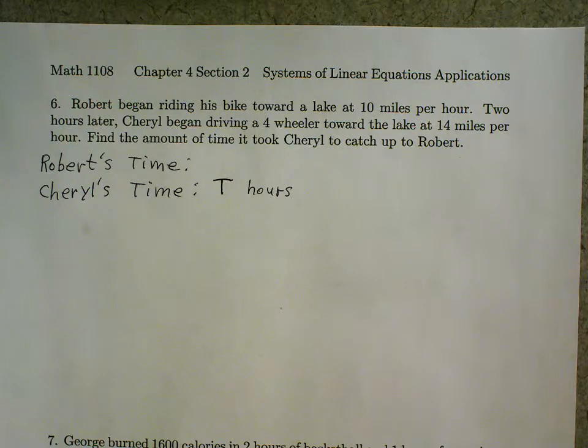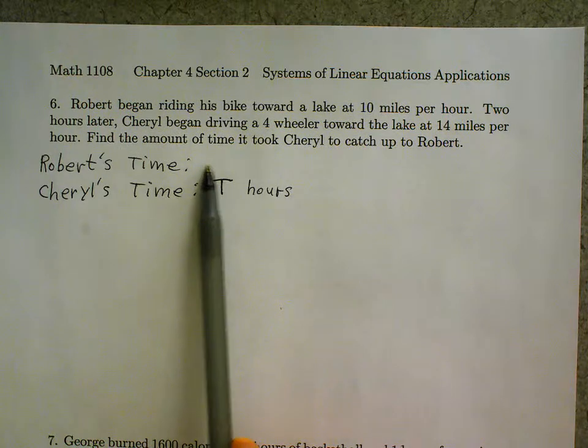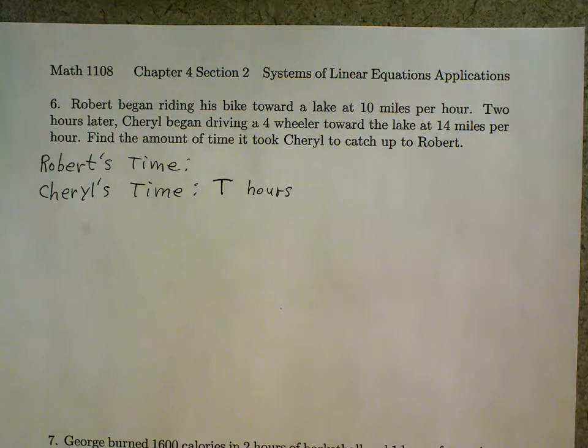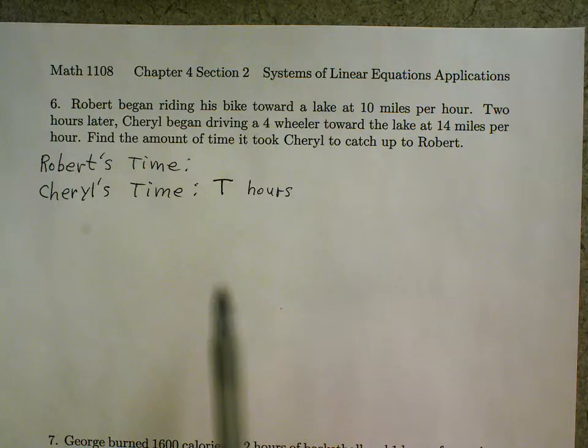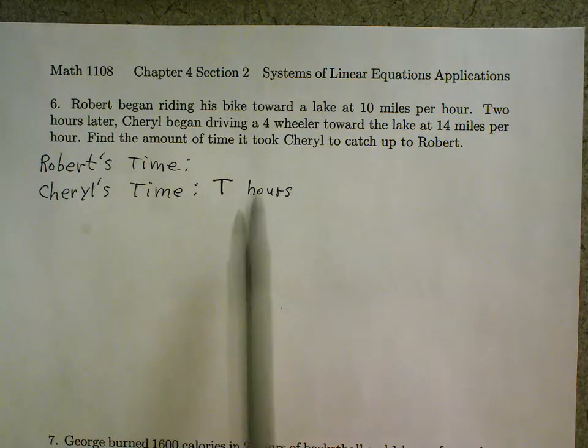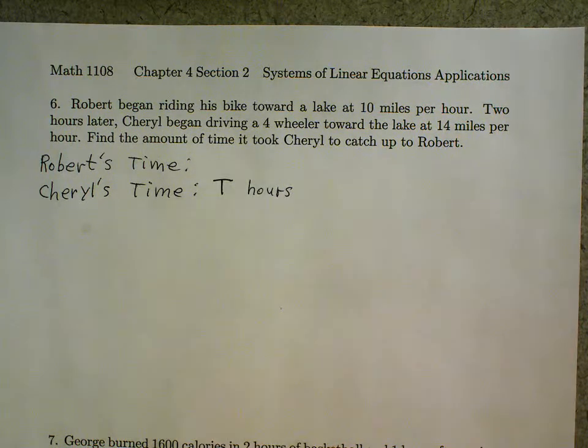More. Okay, more than T hours. How many hours more than T hours? Okay, 2 hours more. So how do we express Robert's time, if Cheryl's time is T hours and Robert traveled 2 hours longer than Cheryl, what variable expression represents Robert's time?